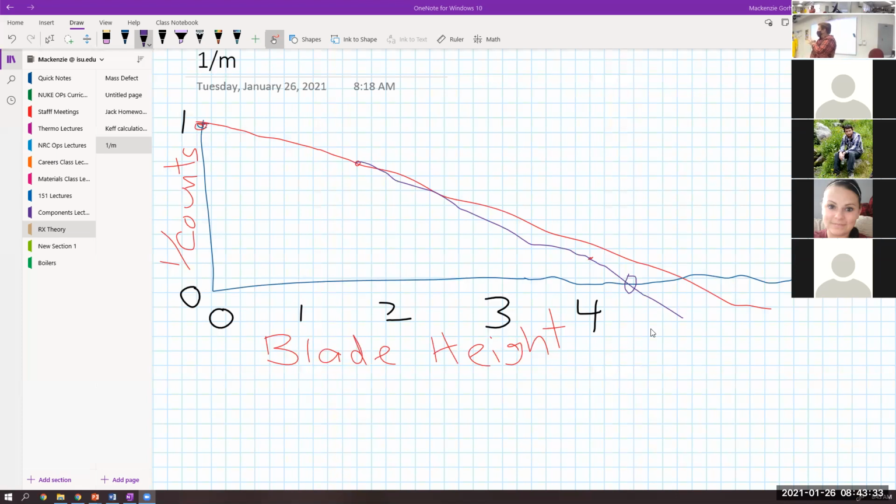Yes, and what's going to happen on Thursday, and we're going to practice this tomorrow, is I'm going to give you a set of count data and the number of rods, or fuel plates, that we're putting in. You know how many fuel plates they have at the subcritical assembly, so your bottom scale is going to go out to dozens of places, right?